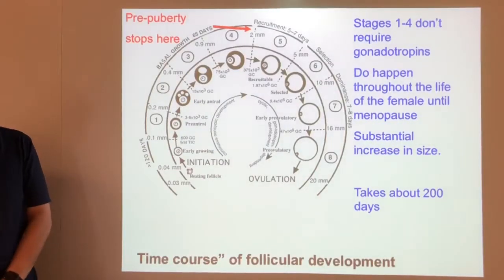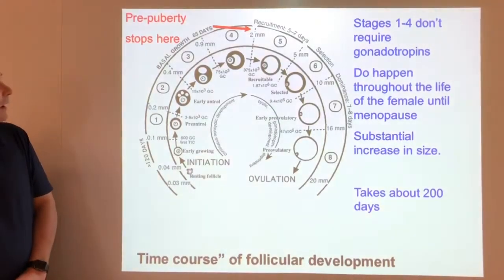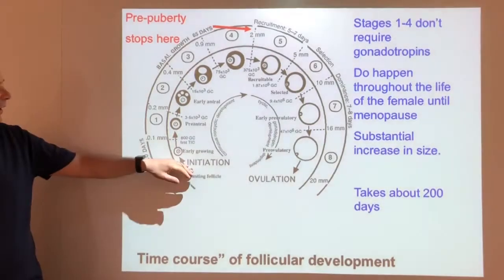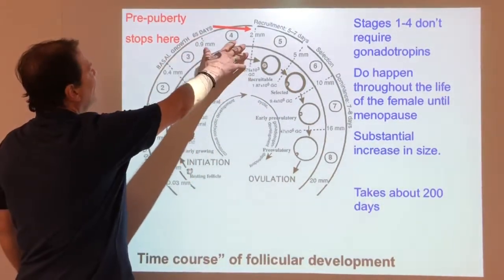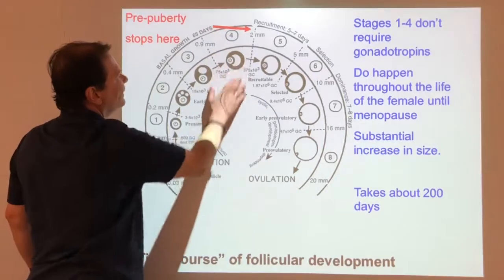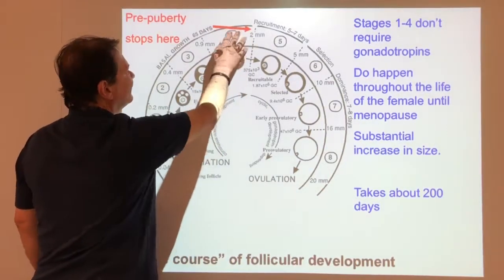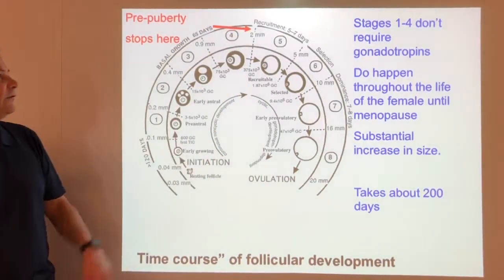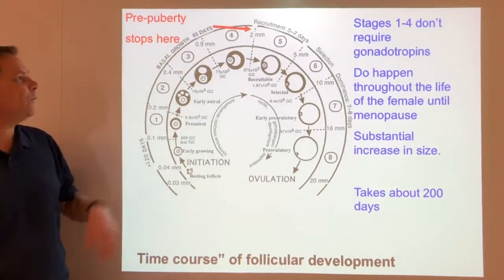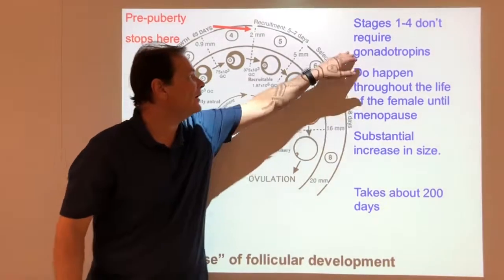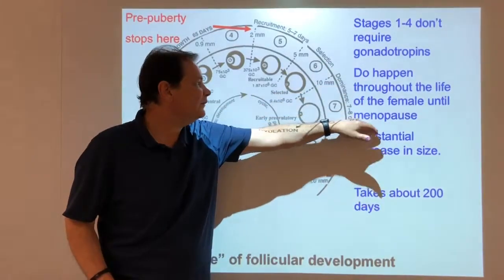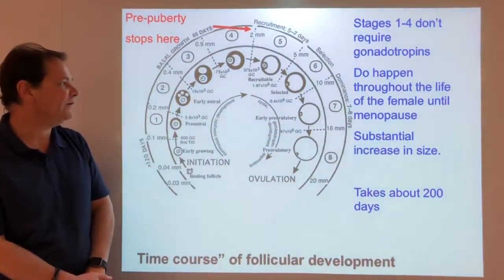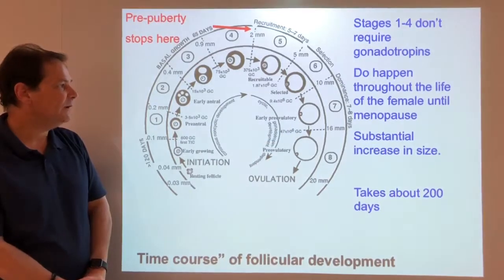So if we look at these stages one by one, we start at initiation, and we progress to the secondary follicle, and this is where the pre-puberty stage stops, at stage 4. Okay, so stages 1 through 4 don't require gonadotropins, which is why they take place before puberty. They do happen throughout the life of the female, not just pre-puberty.